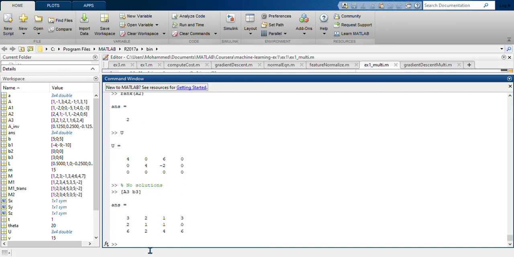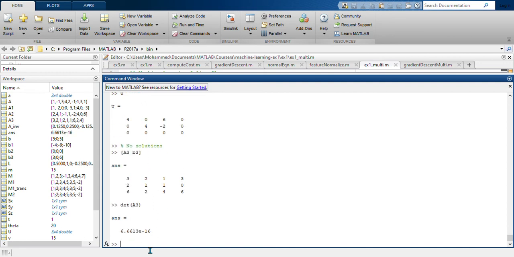And again, when we compute the determinant of the coefficient matrix for this system, you will see that it is almost 0, it is 6.66 times 10 power minus 16. MATLAB shows some small residual number at the end of the calculation, but that is a very, very small number, which is almost 0.